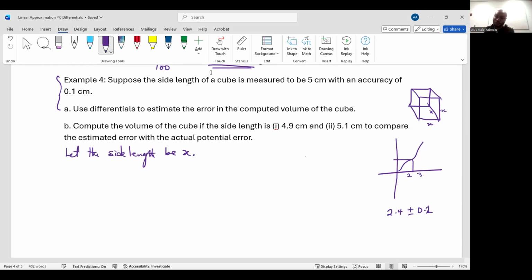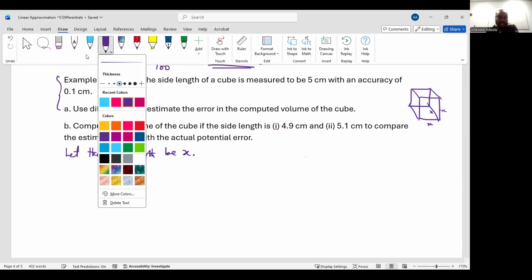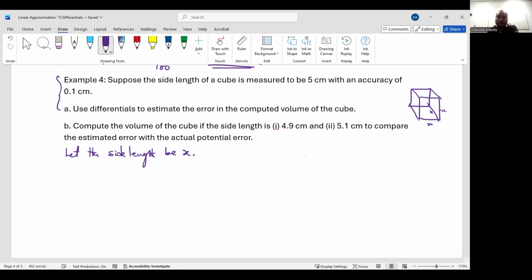Or 2.4, 2.3, 2.2, I will say it is still fine. So that is what we mean by accuracy. You are giving a range.